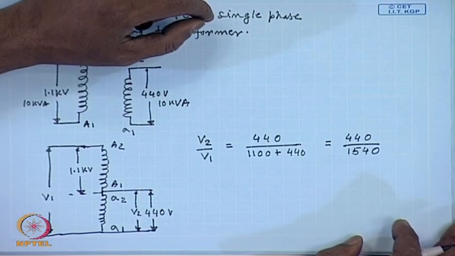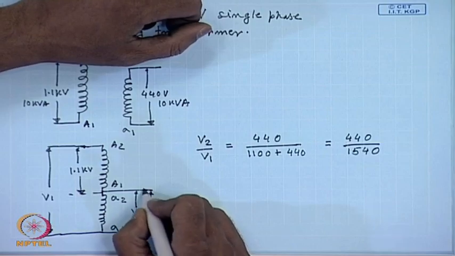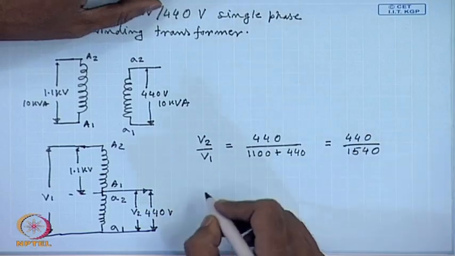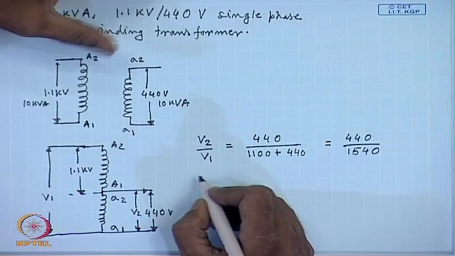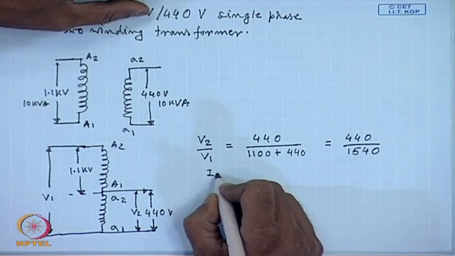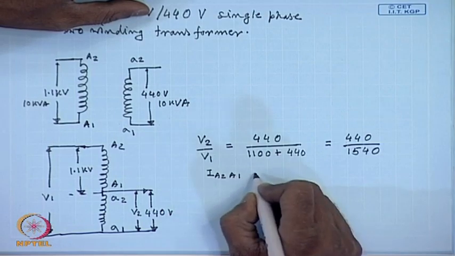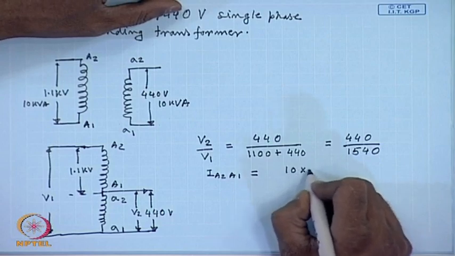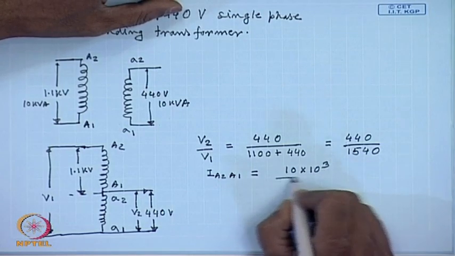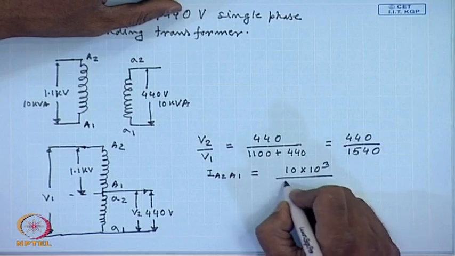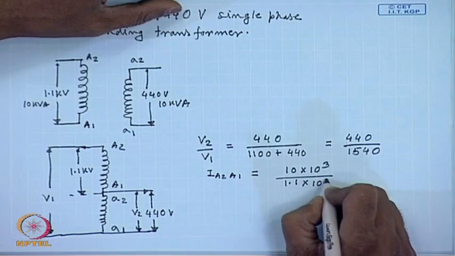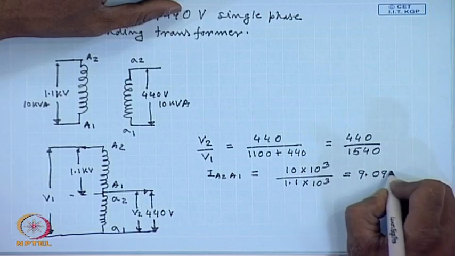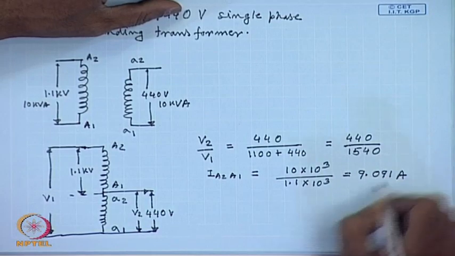What will be the current carrying capacity? The current carrying capacity of the section A2 A1 is I_A2A1 equal to 10 kVA, 10 into 10 to the power 3, divided by 1.1 kV. This comes to 9.091 amperes.